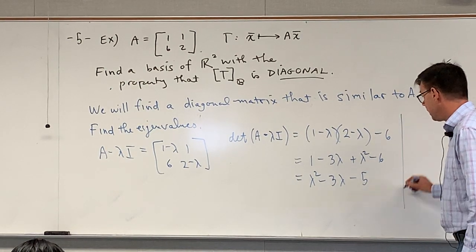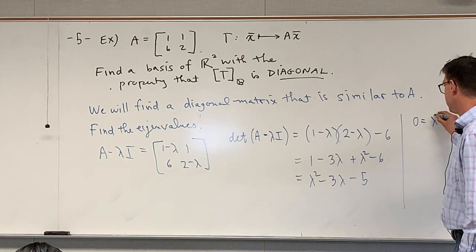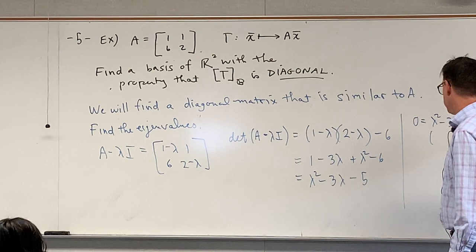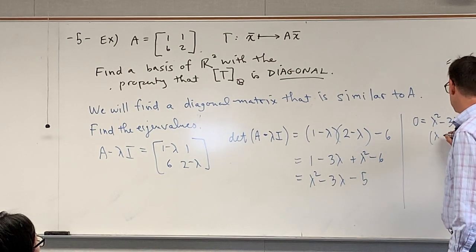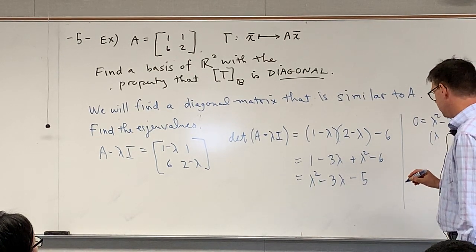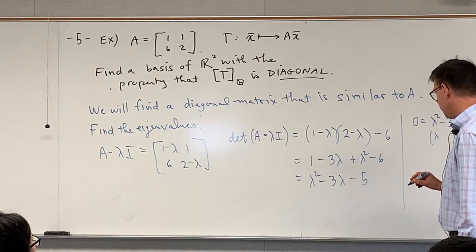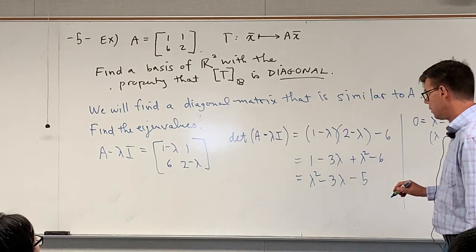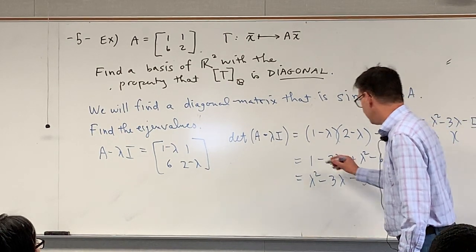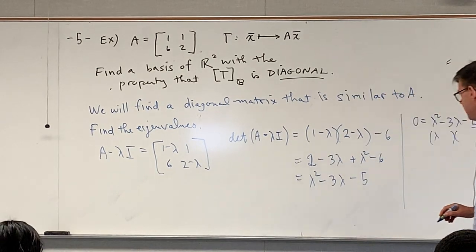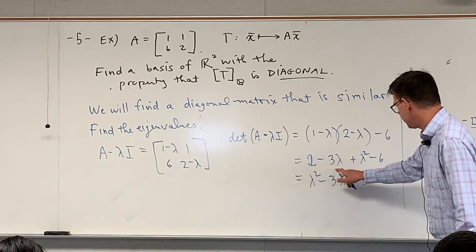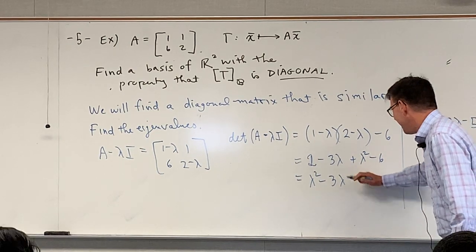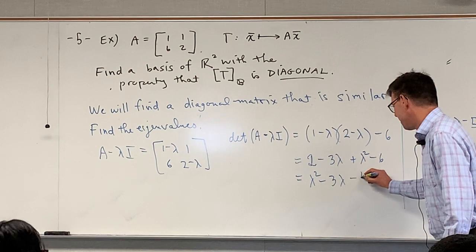So we're going to set that equal to 0. And I think this guy factors, right? No, it doesn't factor. What did I write down incorrectly? Should be a 2 minus 3. Oh, you guys are so good. 2 minus 3 lambda plus lambda squared minus 6. And so I have lambda squared minus 3 lambda minus 4.